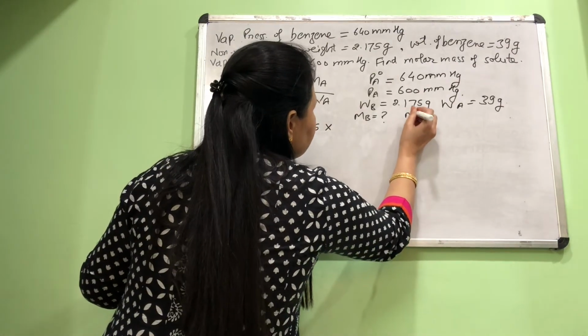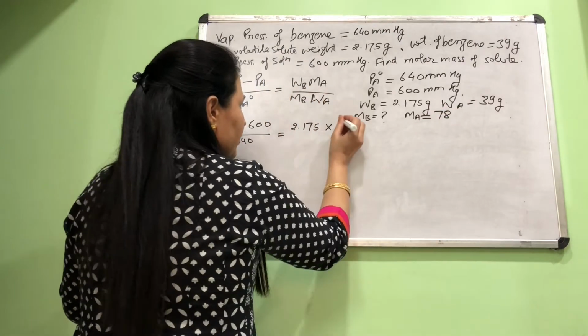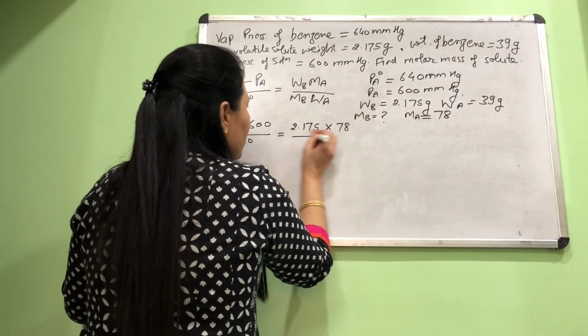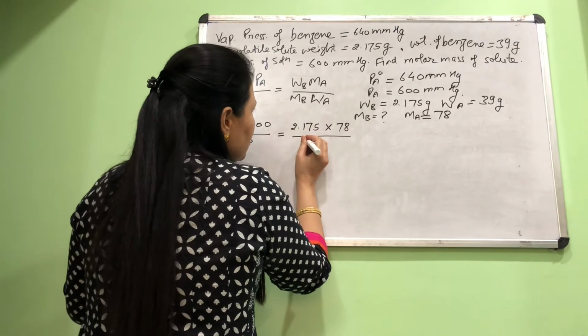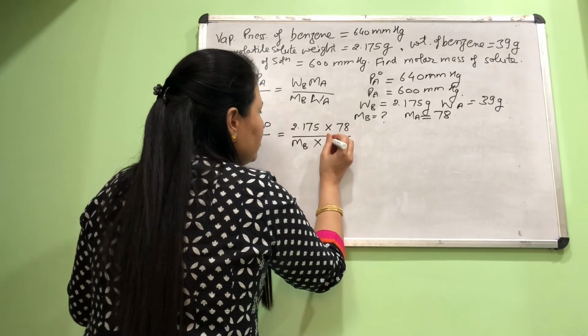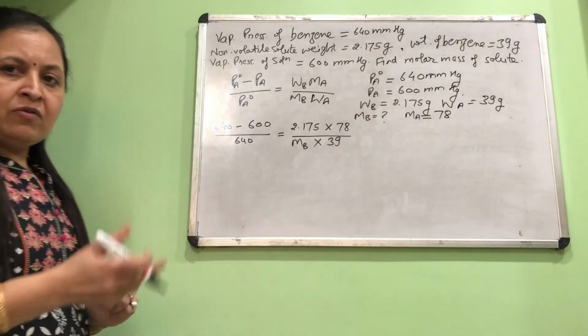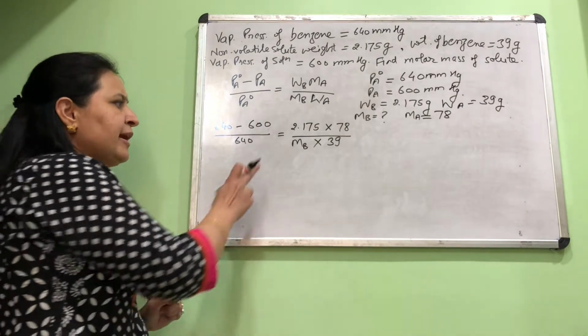The molar mass of the solvent we have not written in the data. It's the molar mass of benzene, which is 78. So into 78 upon MB, the molar mass of solute that we have to find out, and WA is the mass of solvent, which is 39 gram. So from this we are asked to find MB.